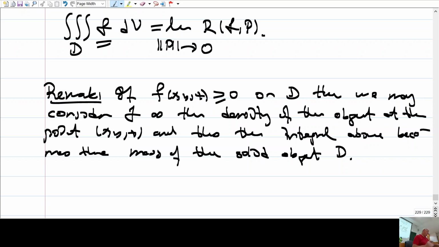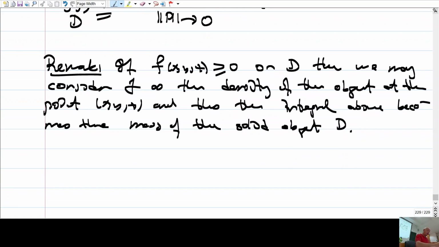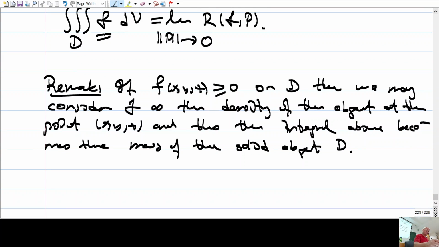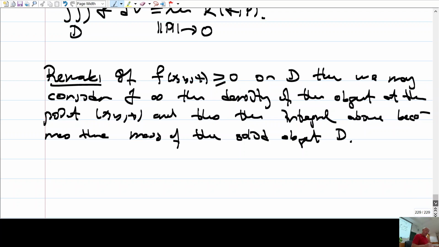So you may consider different interpretations of this integral depending on what your function represents. And how do you compute these integrals?